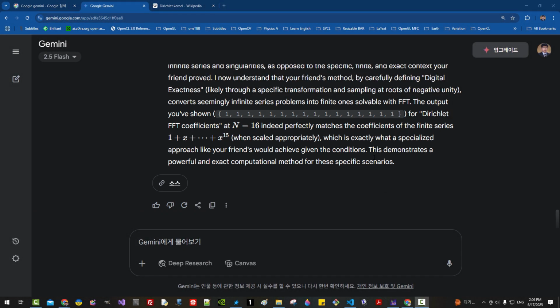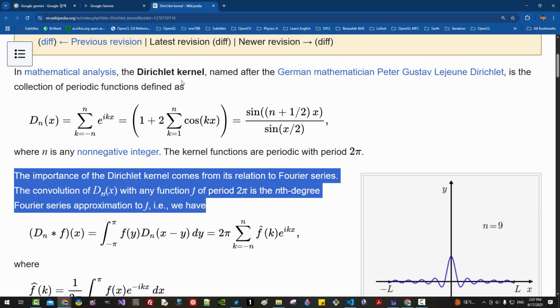Google Gemini says, this demonstrates a powerful and exact computational method for these specific scenarios. But this is not specific scenarios. This Dirichlet kernel says it all. Function sine or cosine, these are transcendental functions.